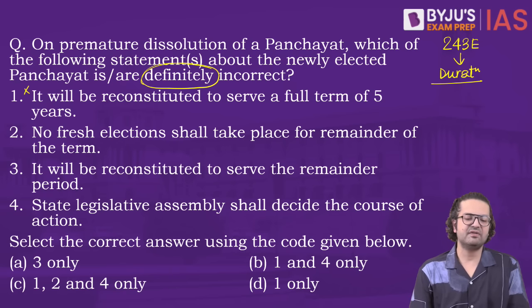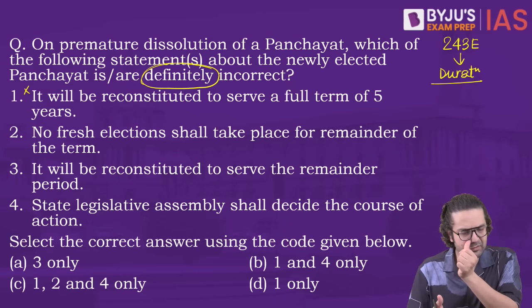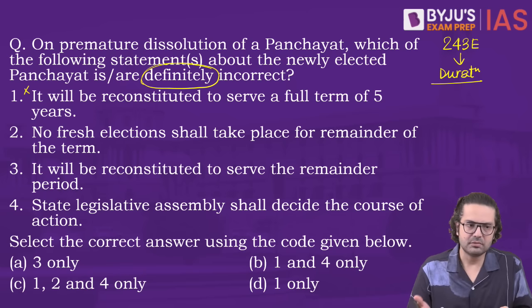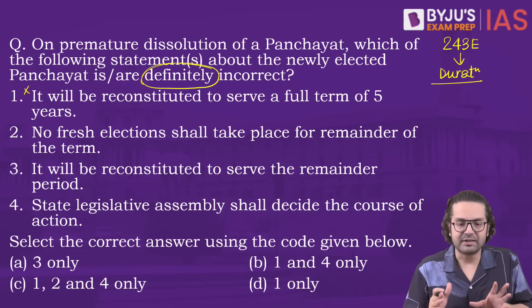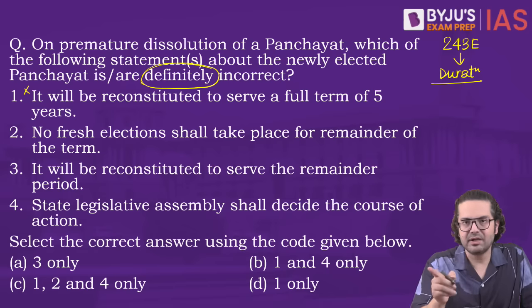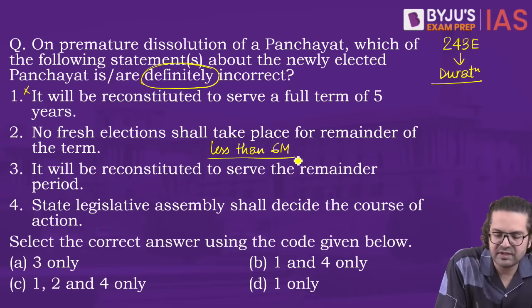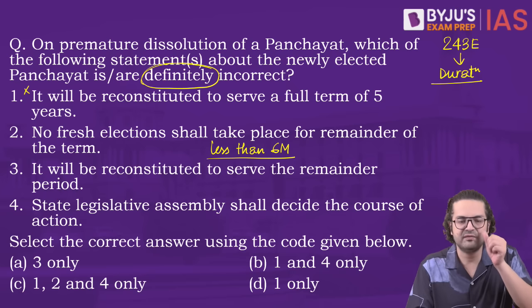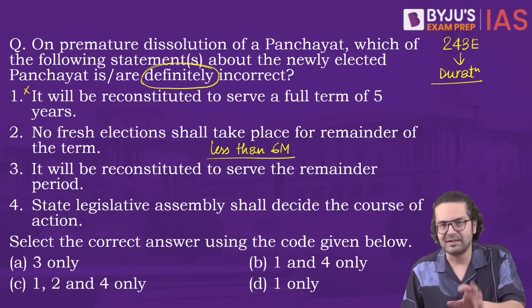No fresh elections shall take place for the remainder of the term. Is that correct? I mean, if the Panchayat gets dissolved, will we not have elections there? Yes and no. Yes, of course, but if the remainder tenure is less than 6 months, then there is no need to conduct elections. We'll wait for 6 months. After 6 months, when we are conducting elections for all the panchayats, then for that panchayat also it will be conducted.